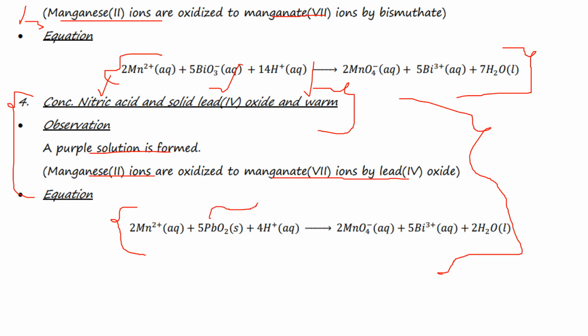Lead oxide plus protons plus electrons gets reduced to lead 2 ions plus water, and the other equation is oxidizing manganese 2 ions plus water to give you manganese 7 ion plus protons plus electrons. You add the two equations to end up with this general equation, and that's how you balance the redox reactions.